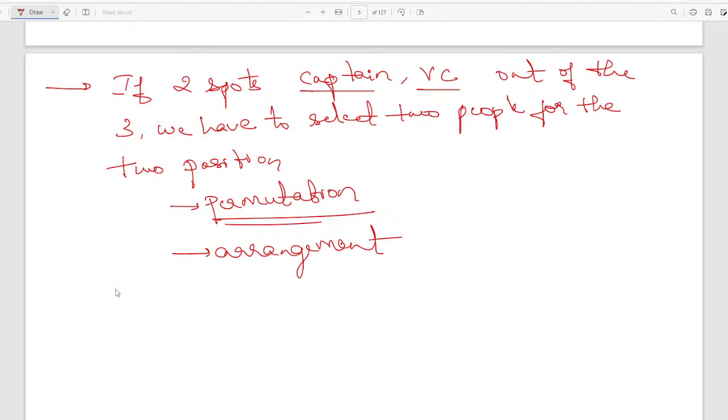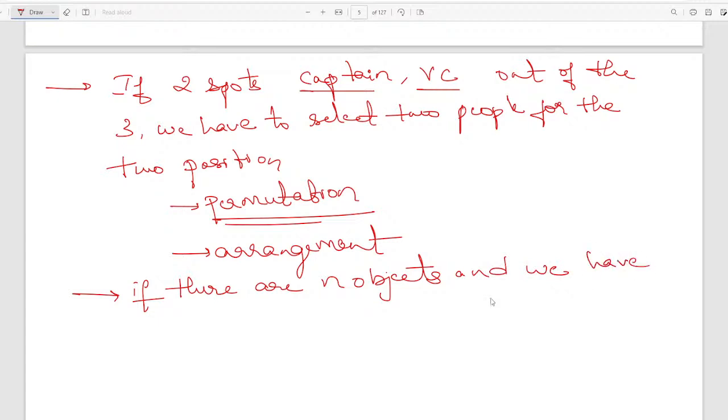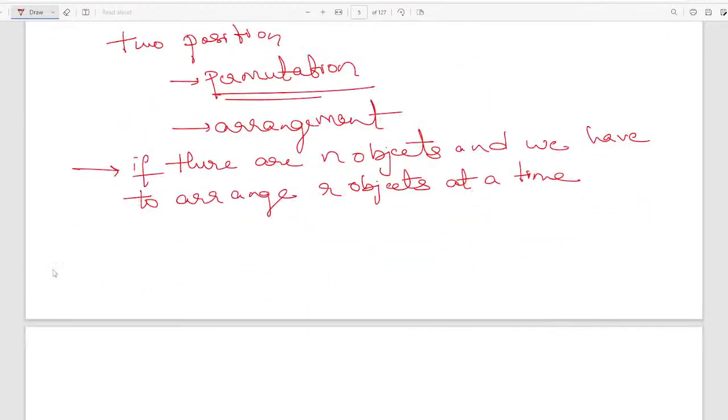So for the formula, if there are n objects, and we have to arrange r objects at a time, the formula is given by nPr, that is equal to n factorial divided by (n minus r) factorial.